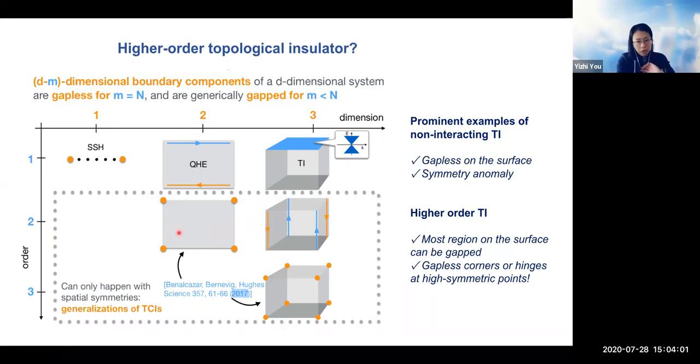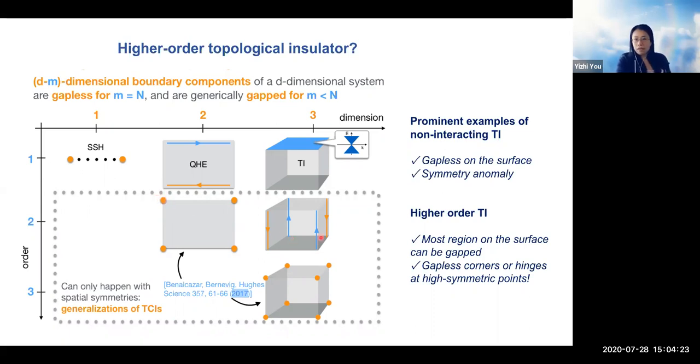So for example, the first example of topological quadrupole insulator is a charge insulator where the charge degree of freedom is fully gapped in the bulk and also gapped on most regions of the boundary. But at the corner, we will find there's a charge zero mode living there, and that is protected and robust.